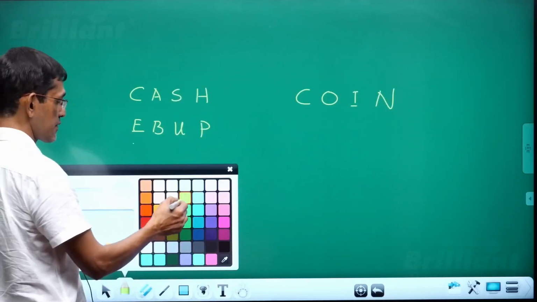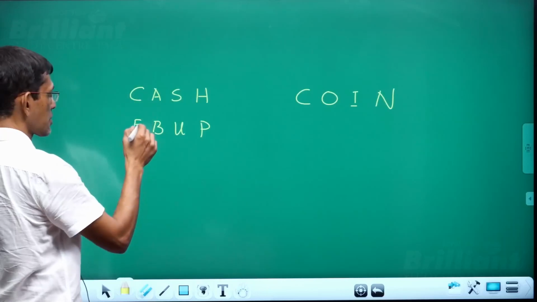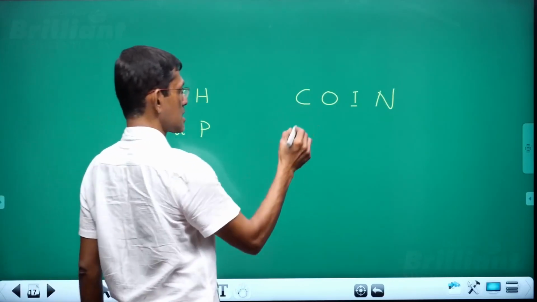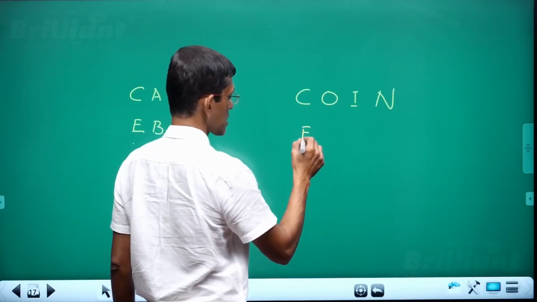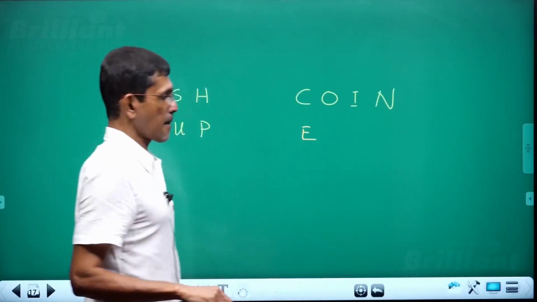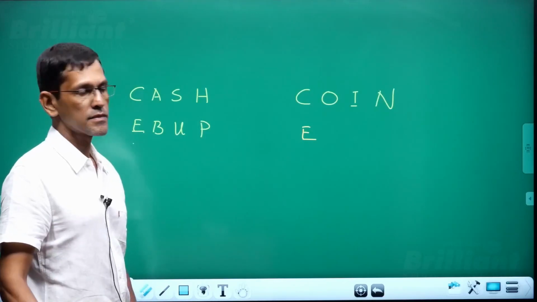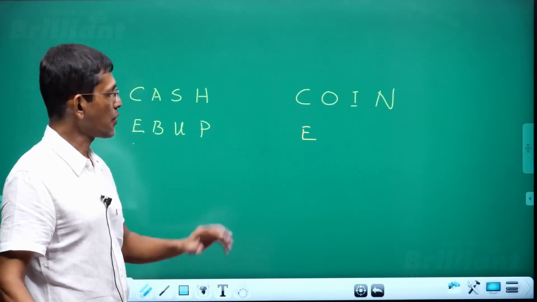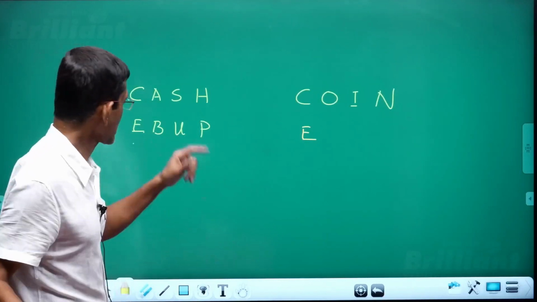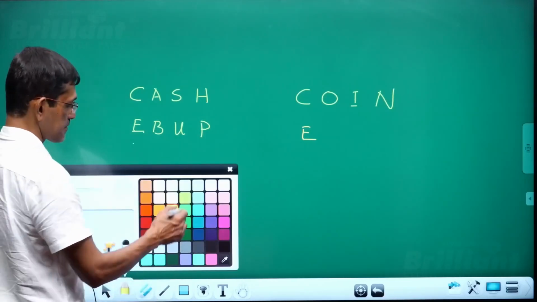Since we have the first letter, C is coded as E, and here C, so we know that the first code is E. How about O? O is coded as what? So let's look at the pattern here.